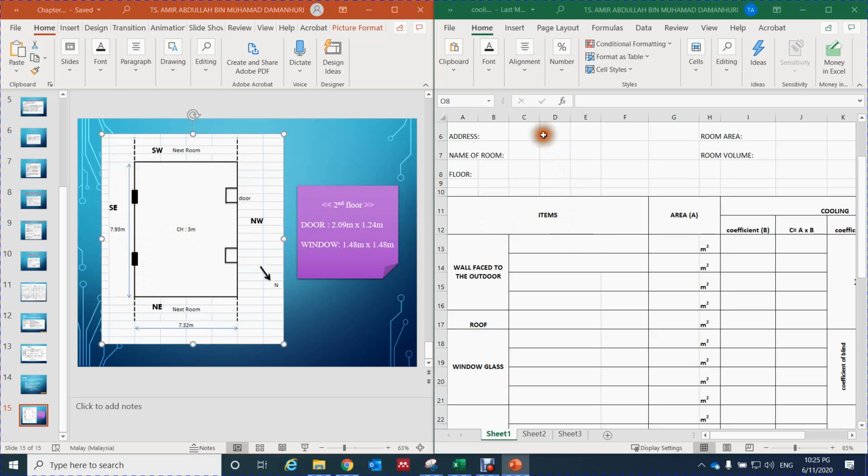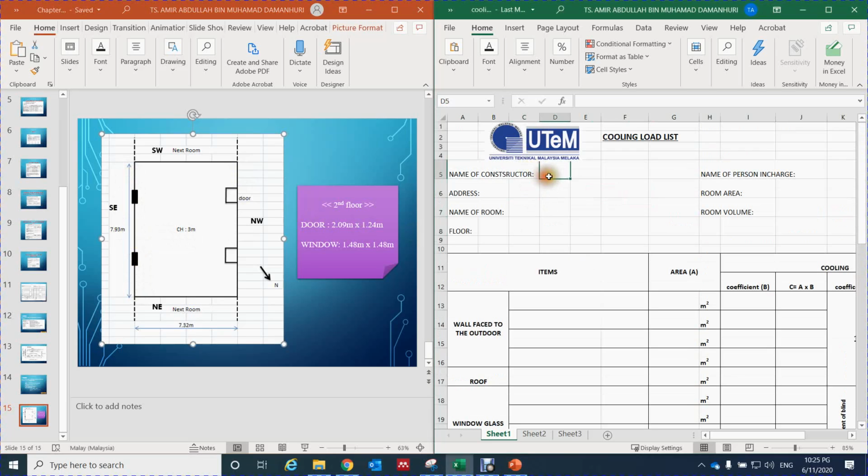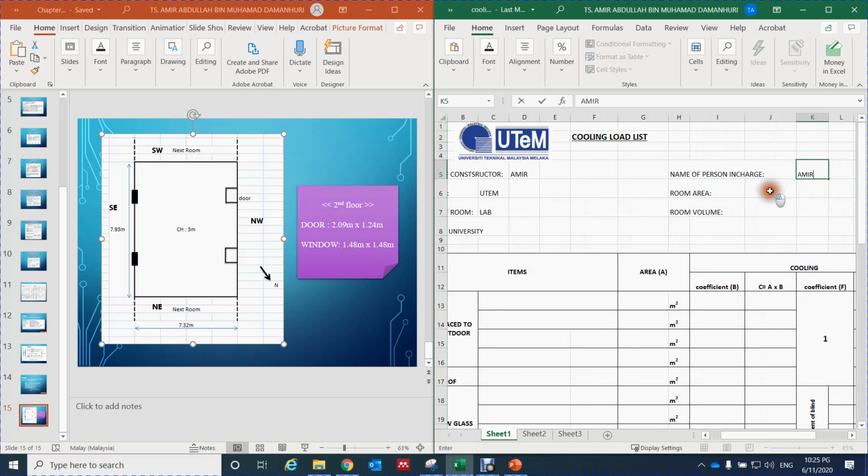As usual, you have to put the name and address, UTM here. For the name of the room, we have changed it to the laboratory, and the floor is the university. Put the name of the person in charge, and also the room area.